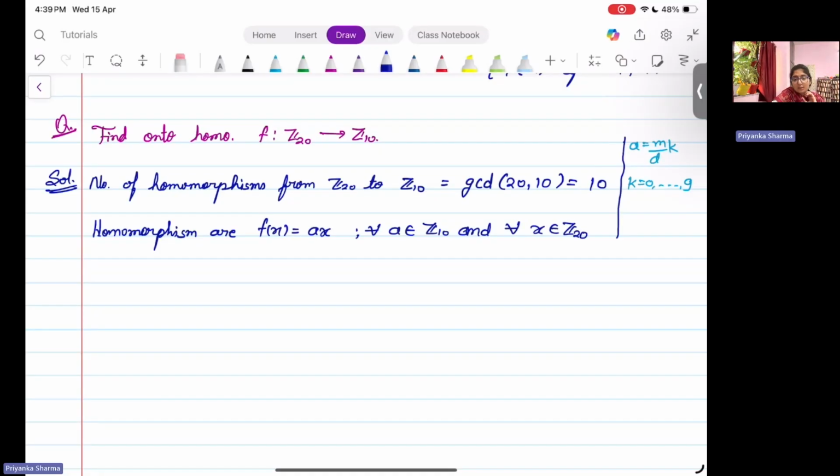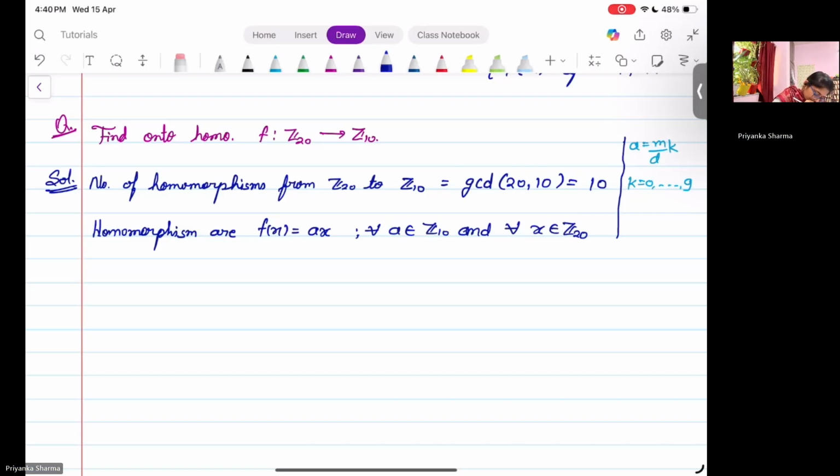That is, all the 10 elements of Z10 will give homomorphisms.